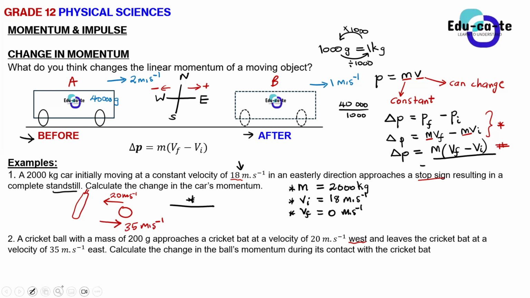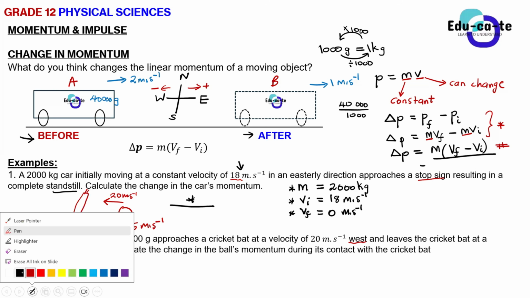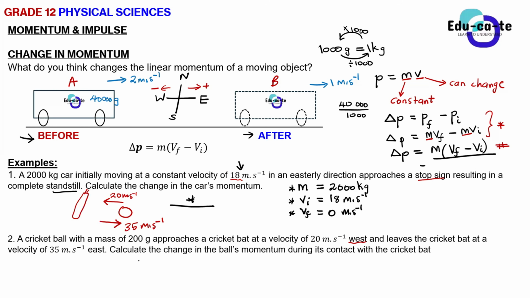All right. So here, if we want to calculate the change in momentum, we simply use our formula. Change in momentum is equal to m into Vf minus Vi. In this case, everything is pretty clear. The mass is a wonderful 200 kg.